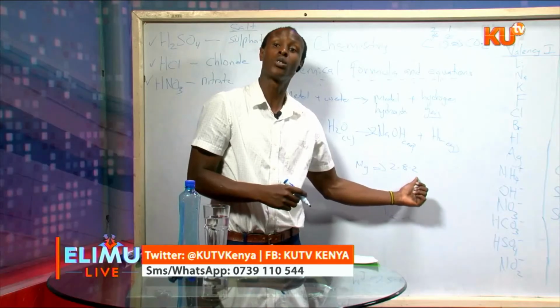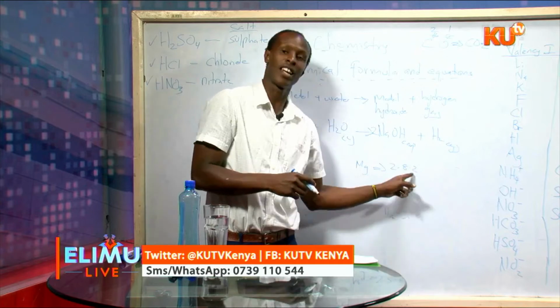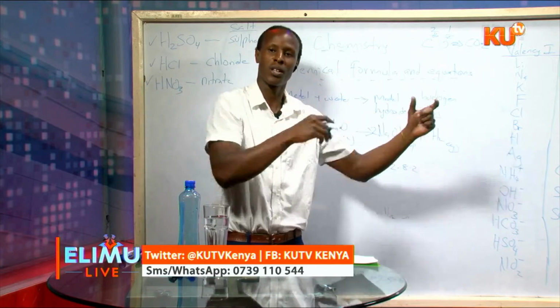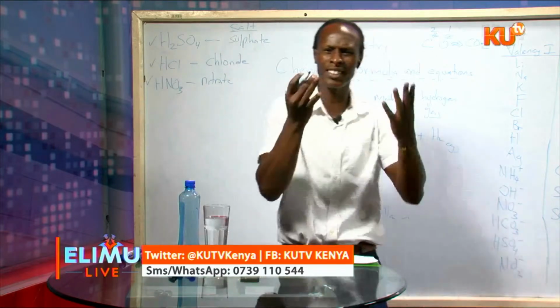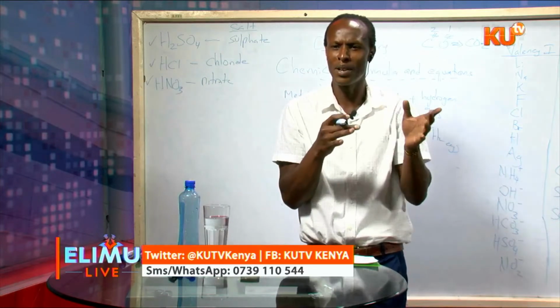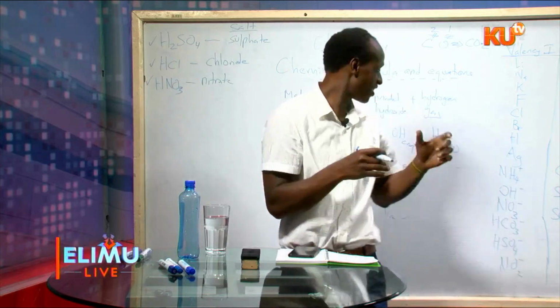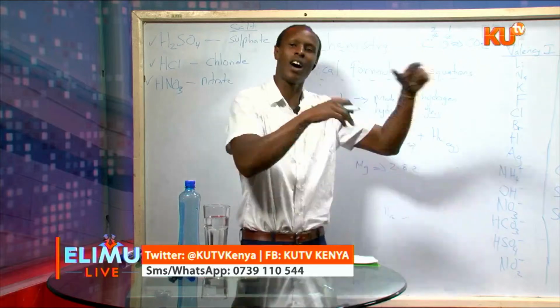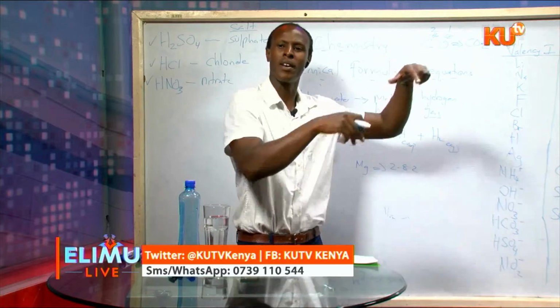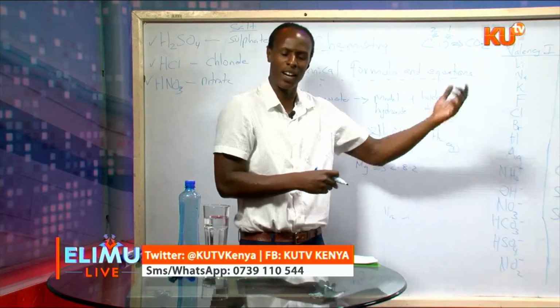The valence electrons are 2. We call them valence electrons because they are outermost. But the valency of magnesium is 2. There's a small difference, and an English teacher can elaborate more on that. But valence refers to the outermost electrons. Instead of calling them outermost, you can call them valence electrons.